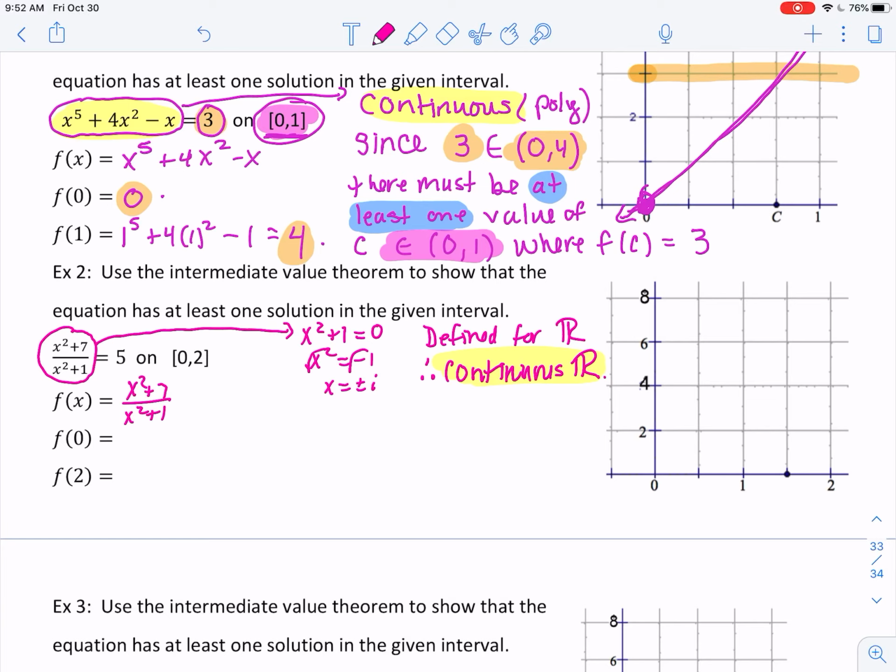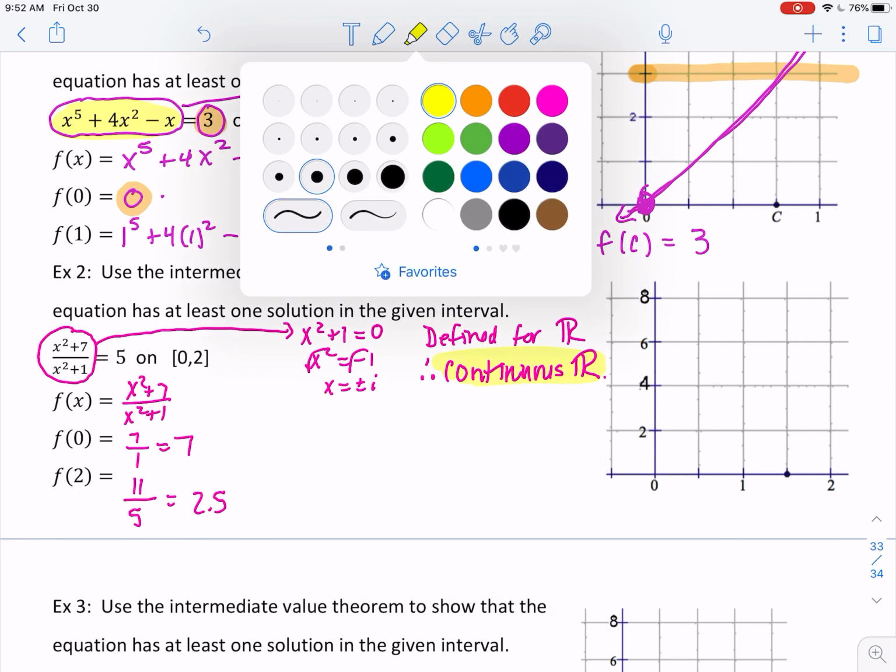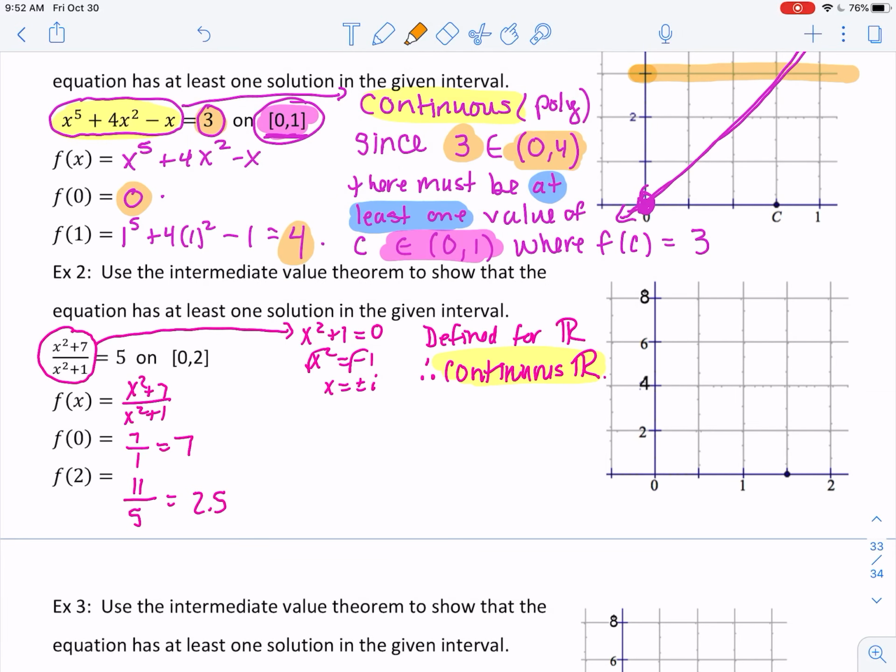If you plug 0 in there, you get 7 over 1, which is just 7. And if you plug 2 in, you get 2 squared is 4. 4 plus 7 is 11 over 5. Which is 2.5. Okay, so the next thing we're looking at is 5 between these?